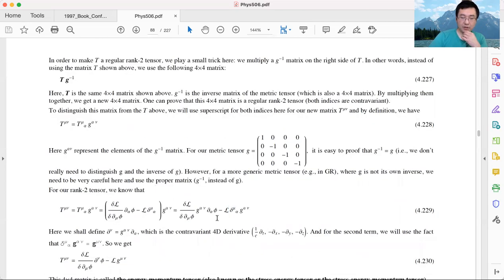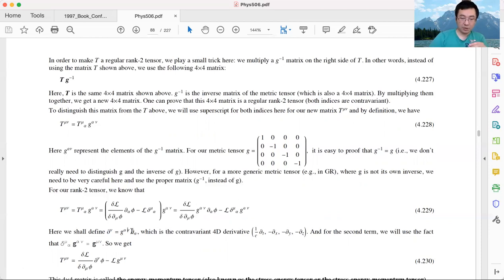In order to make the formula a little bit more compact, typically people introduce a convention where they combine these two terms together. We have a G multiplied by a derivative. When we multiply this G and derivative together, typically people call this whole thing partial nu, and this nu is an upper index.